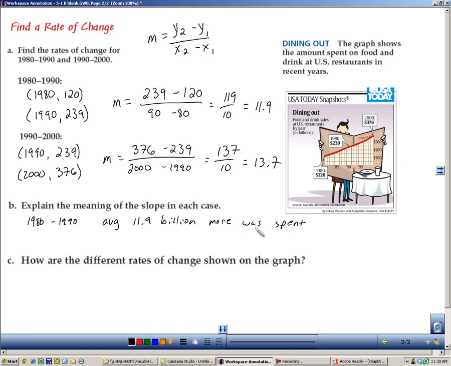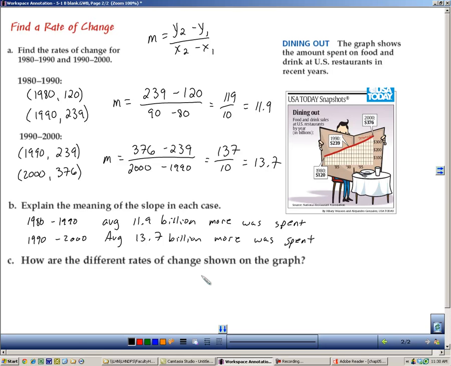So the change went up 11.9 billion per year, and then 1990 to 2000, on average 13.7 billion more was spent, because my rates of change are positive, and you can see the lines go up. So that's what the meaning of those 2 numbers are.